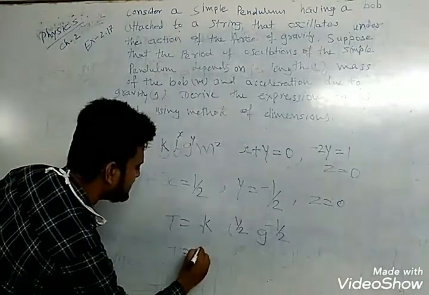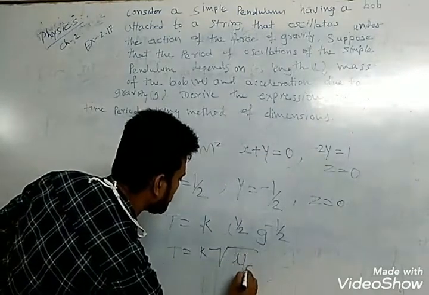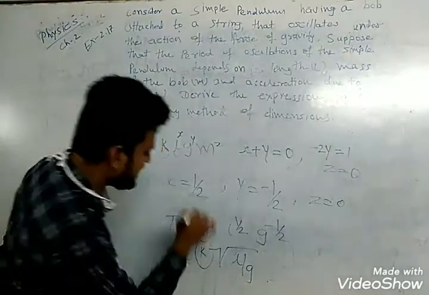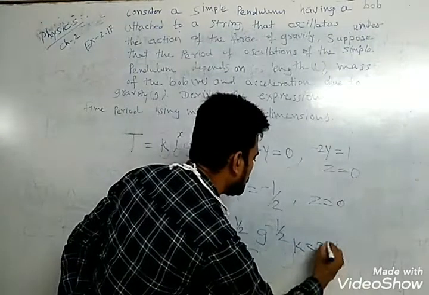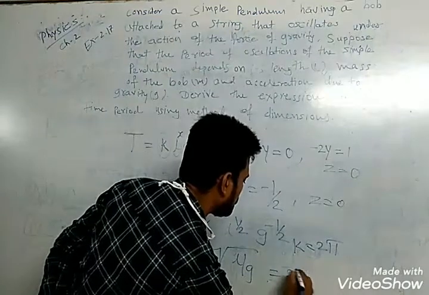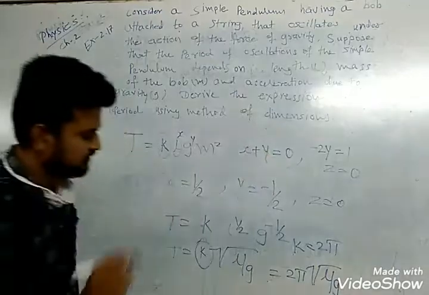So T = k √(l/g). But actually here k is equal to 2π, meaning T = 2π√(l/g).